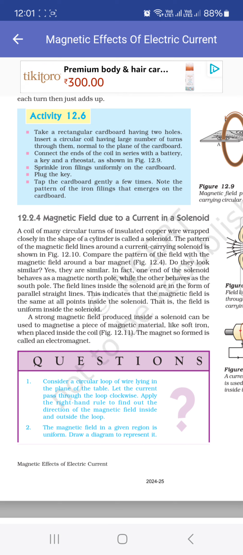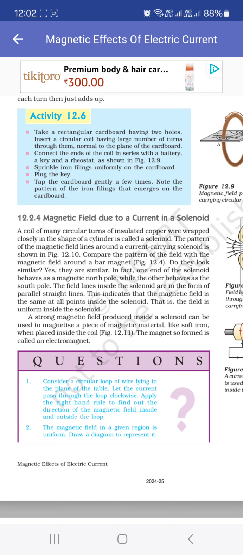Compare the pattern of the field with the magnetic field around a bar magnet. They look similar. In fact, one end of the solenoid behaves as a magnetic north pole, while the other behaves as a south pole.